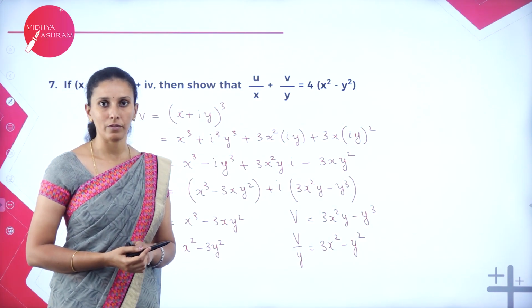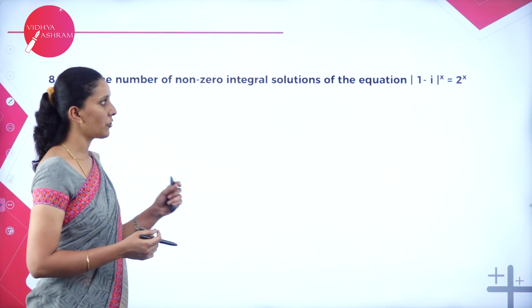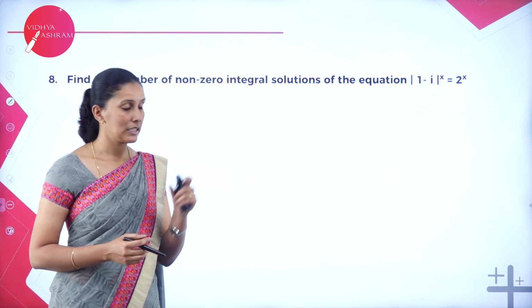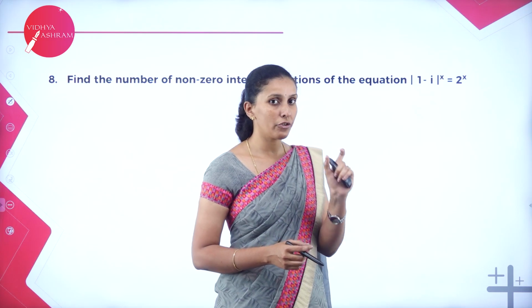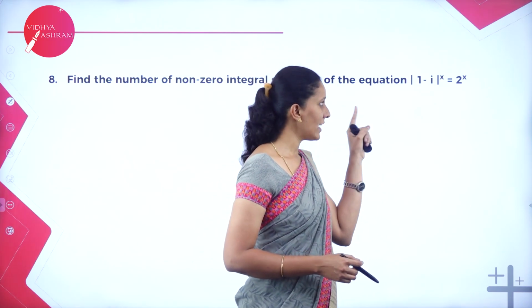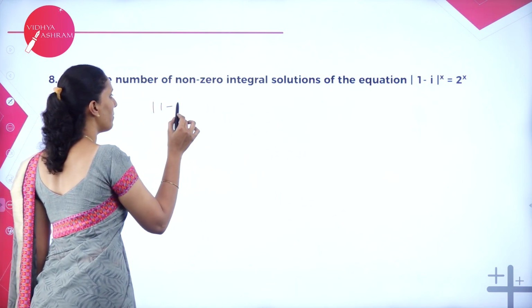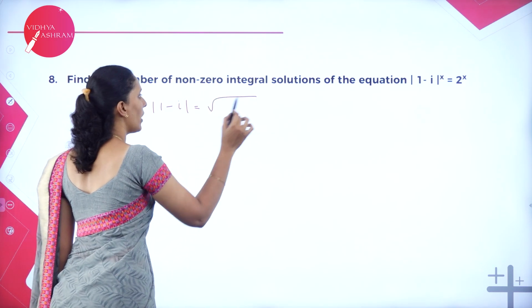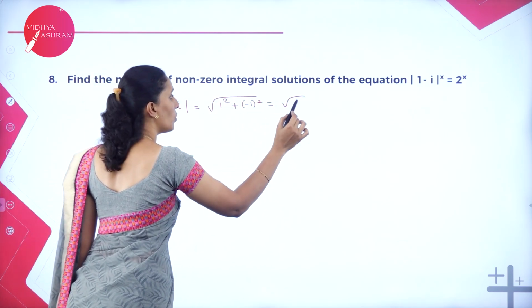Next, we have to find the number of non-zero integral solutions of the equation (1 minus i) whole power x. But here it is given in terms of modulus. So we need to find the modulus of (1 minus i), whose value to the power x is equal to 2 power x. So let us find the modulus of 1 minus i, which is square root of 1 square plus (minus 1) whole square, which is root 2.